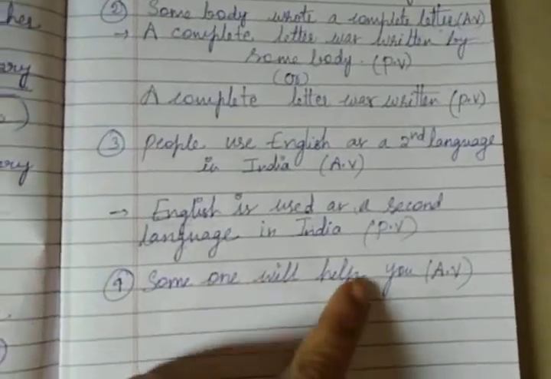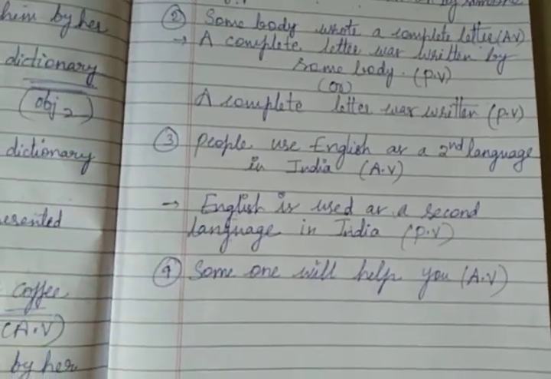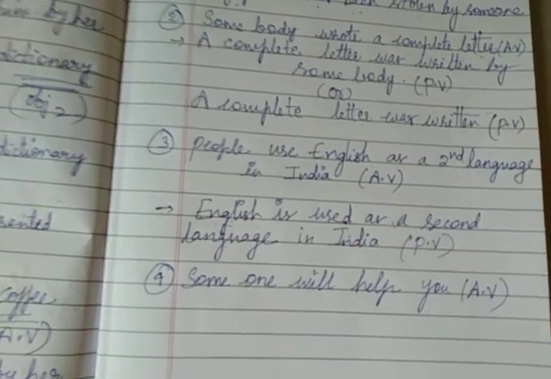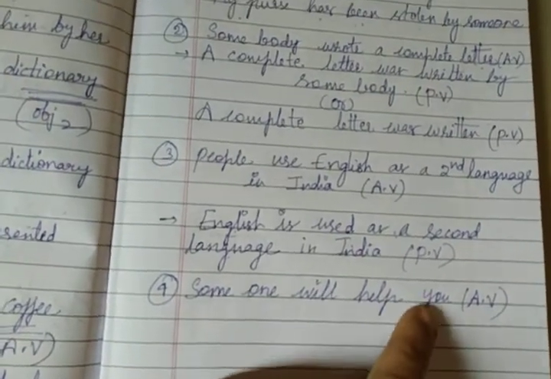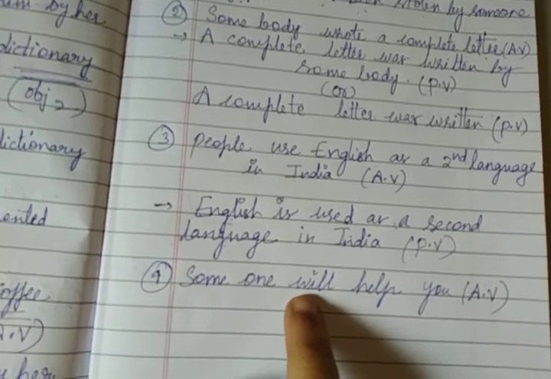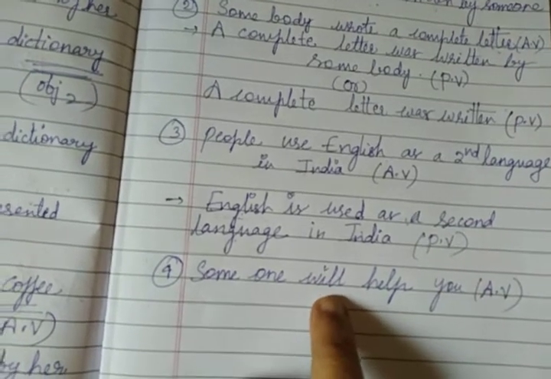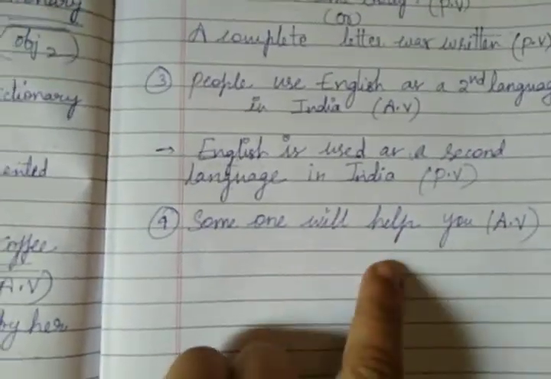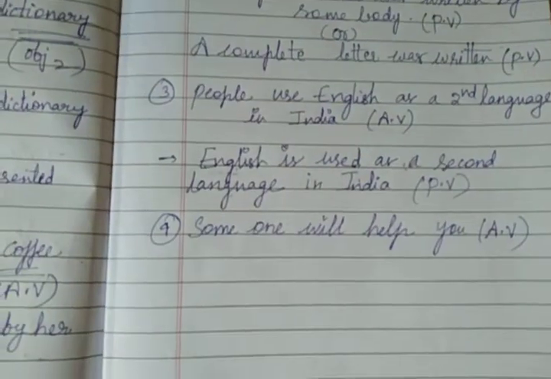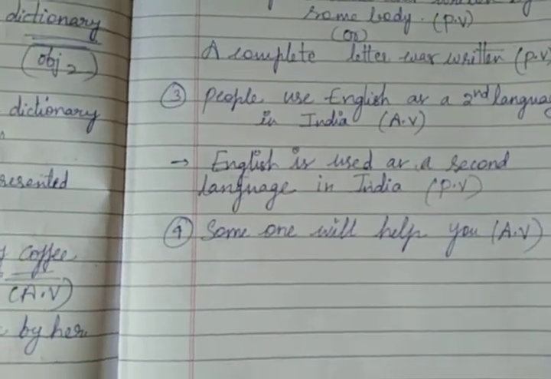Okay, got it? Someone will help you. You will be helped by someone. So, you is object. You will. So, will should be will be because it is future tense. You will be helped by someone. You will be helped.